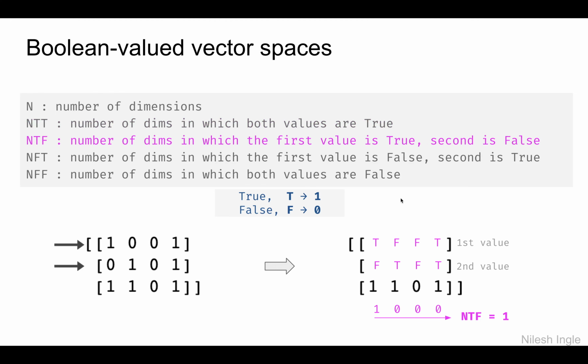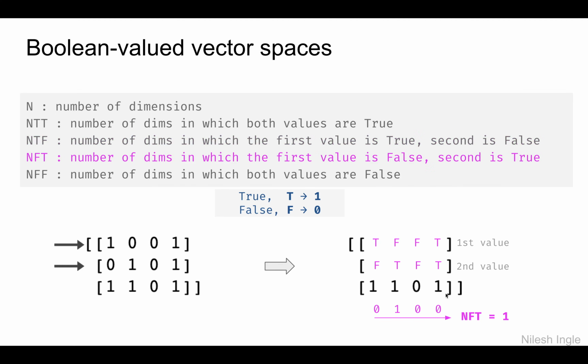Similarly, if we look at ntf, the first value is true and the second value is false. So here we have 1, and all others are different, so we just put a 0. When we add all these up, we have a value of 1 for ntf.